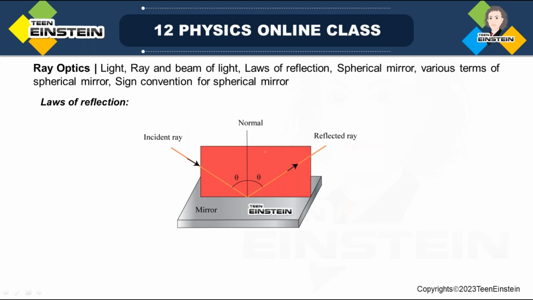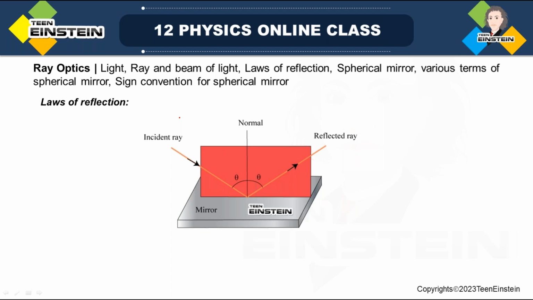Because of reflection of light, we can see our face. The light goes from our face to the mirror and comes back, and when we see those reflected rays we can see our body or our face, etc. So this is reflection.